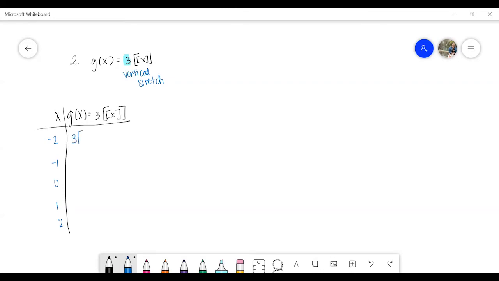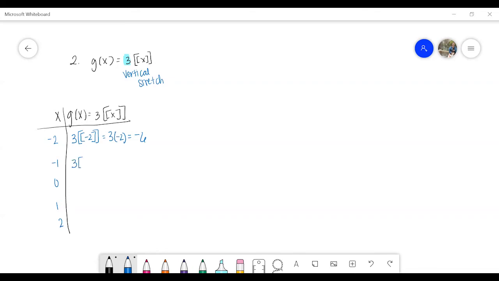So here we're looking at 3 times, and we're going to put this -2 into our step function. So you've got 3, and the greatest integer, again, it's just itself, right? Times -2 is -6. So do you see that that's kind of lengthening out where it normally sits?